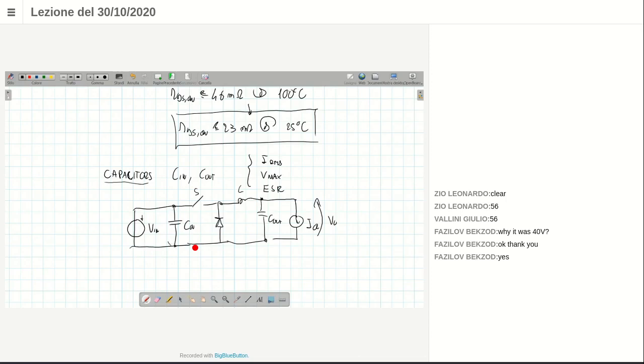First of all, the capacitors should sustain the voltage across them. The voltage across the input capacitor is the input voltage, so the maximum voltage across the capacitor would be the maximum input voltage, in our case 24 volts.